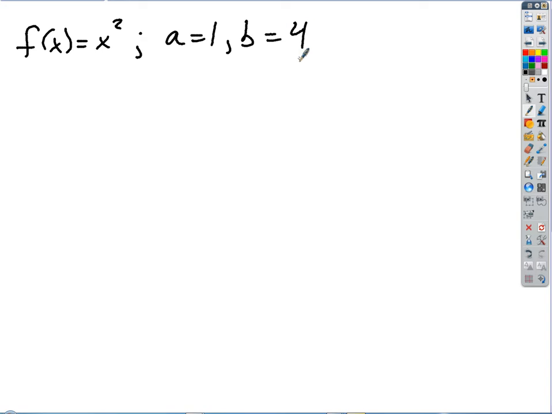Okay, so let's come up with the area of the ith subinterval, and then we'll sum them up to get the whole area.